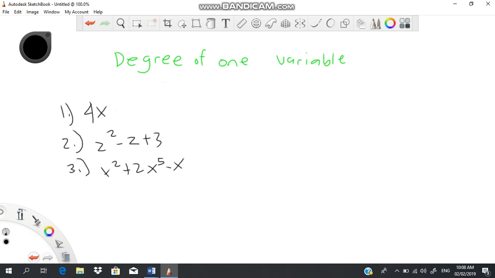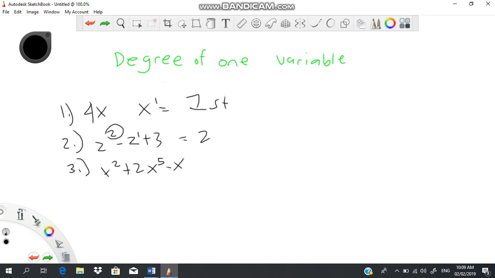You always look at the variable. So in 4x, the variable is x. And x is just x raised to 1, which is a first degree polynomial. So it's first degree. So z squared minus z plus 3. The largest exponent of the variable z is 2 and not 1. So the degree of the polynomial is the second degree. Just remember that if it's a constant, it has 0 as the degree.